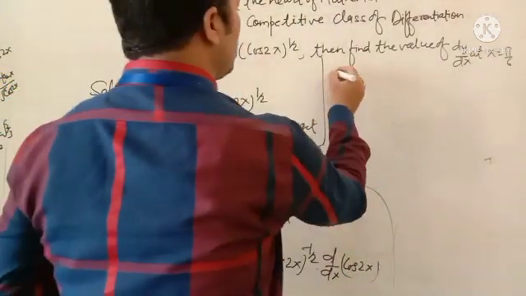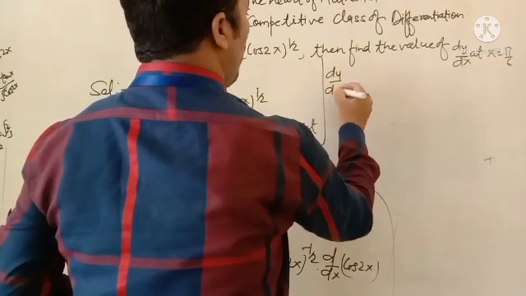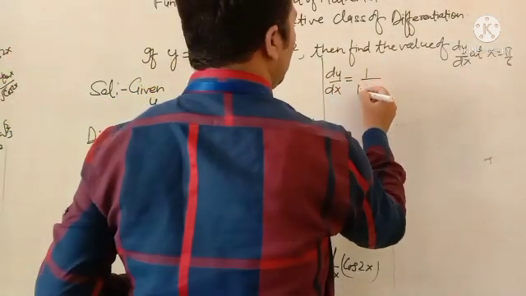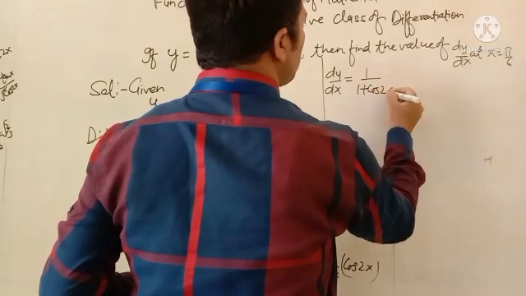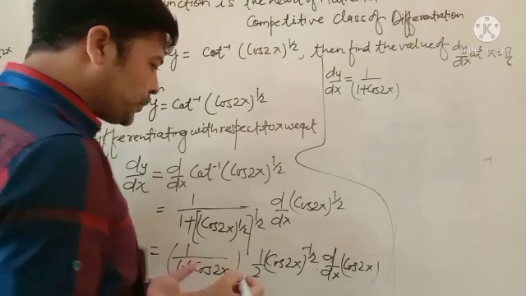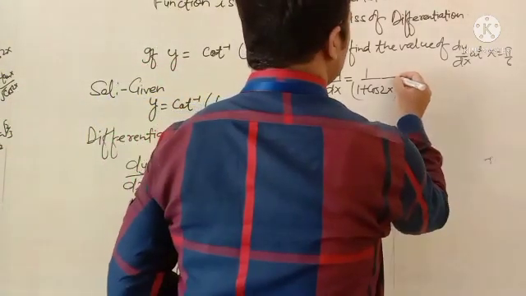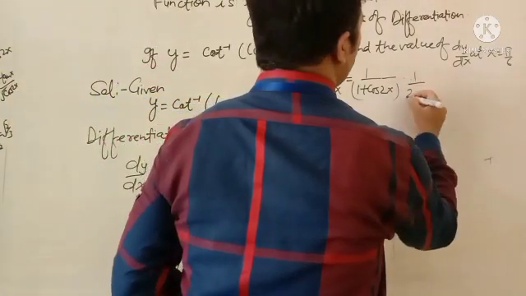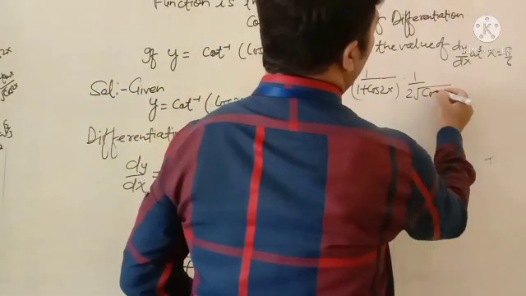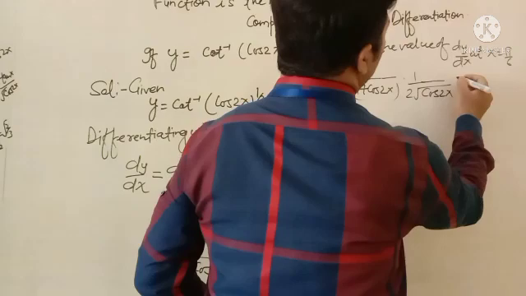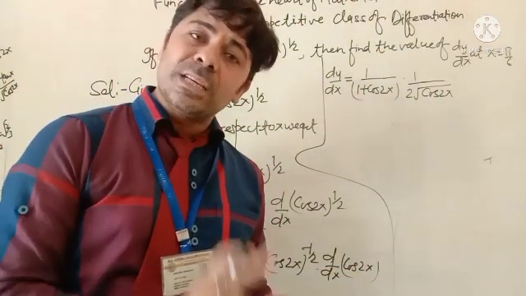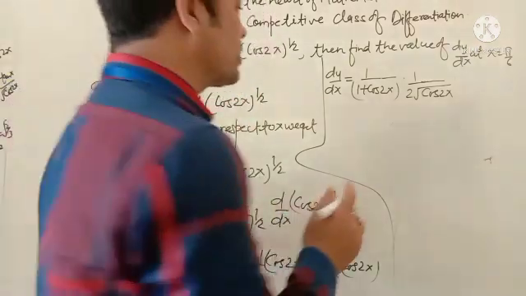Here the value of dy upon dx is equal to 1 upon 1 plus cos 2x, times 1 upon 2 root cos 2x. Again when you differentiate cos 2x, this gives you minus 2 sin 2x.